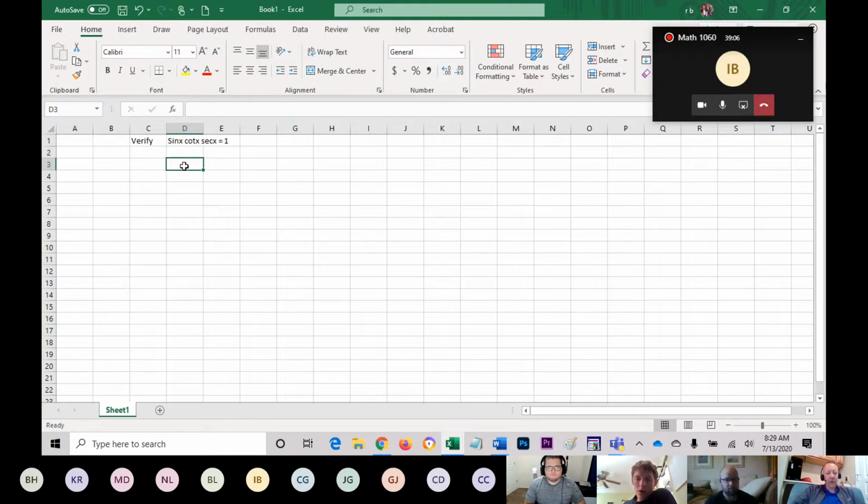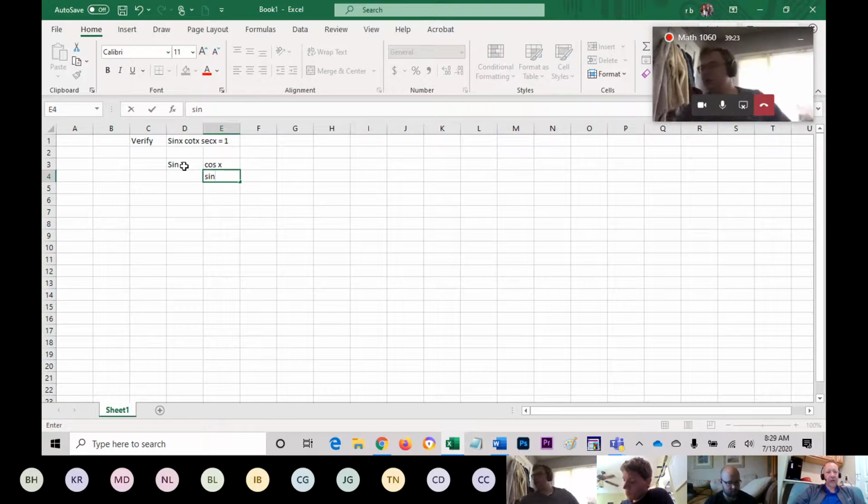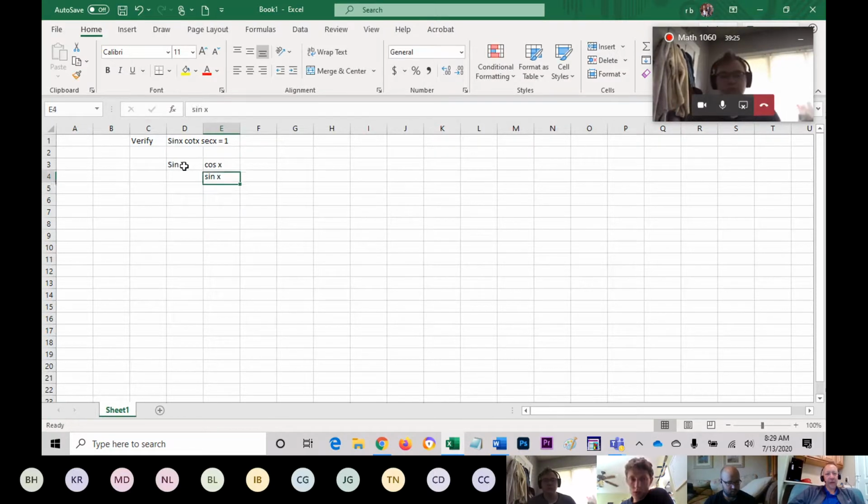Okay, so we're just gonna rewrite the sine of x. Cotangent of x. Who remembers what the cotangent of x is? Cosine over sine? That's correct. Cosine of x over the sine of x, okay?